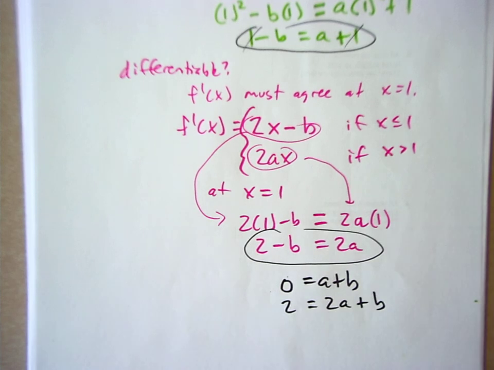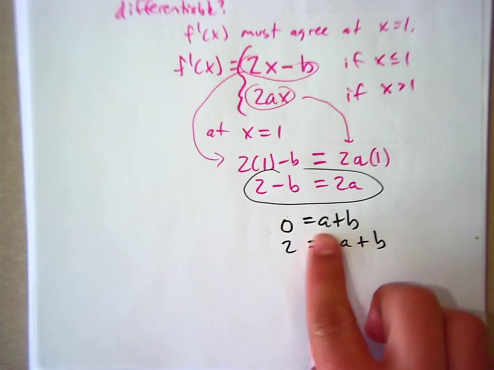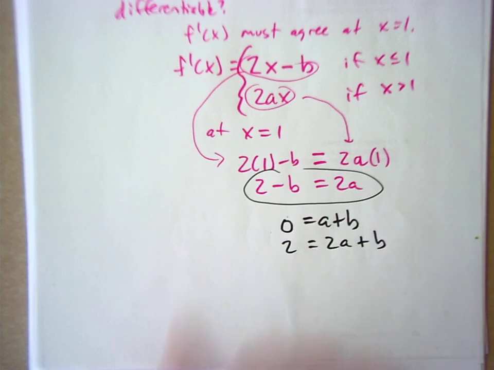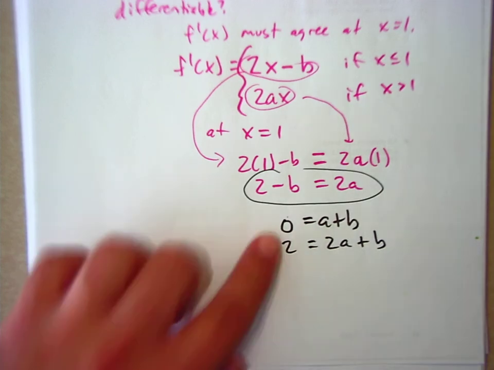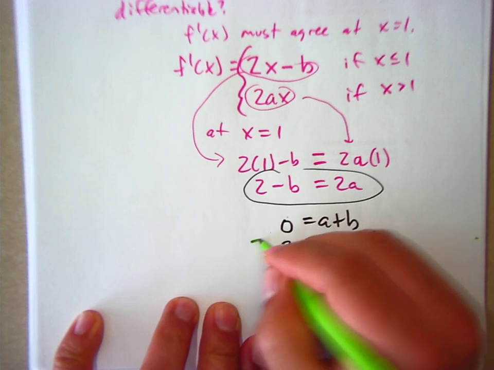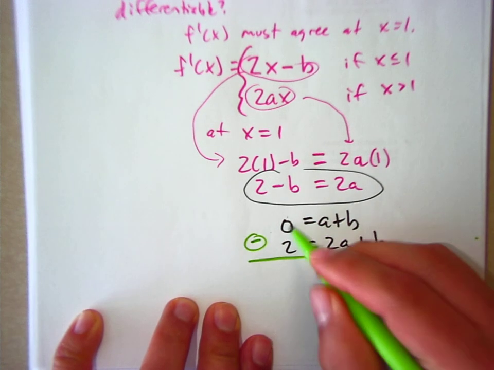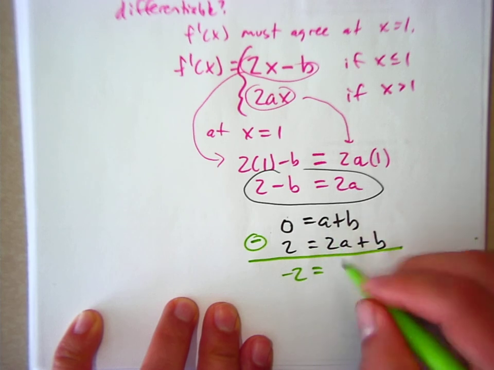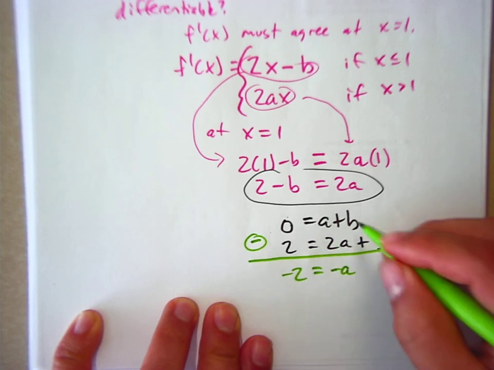And now you can either substitute. So if you want, you can get a alone and then plug it in. Or if you prefer to eliminate, you can eliminate. I like elimination. So I'm just going to subtract 0 minus 2 is negative 2. a minus 2a is going to be negative a. b minus b cancels out.